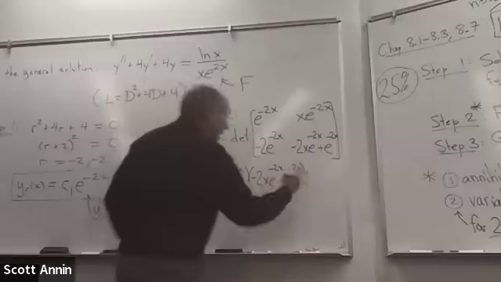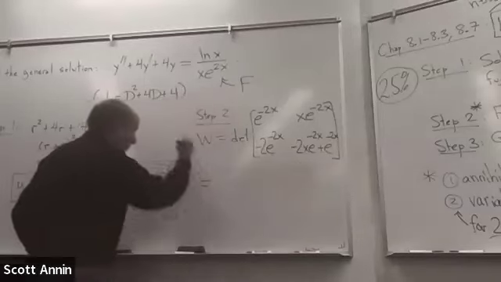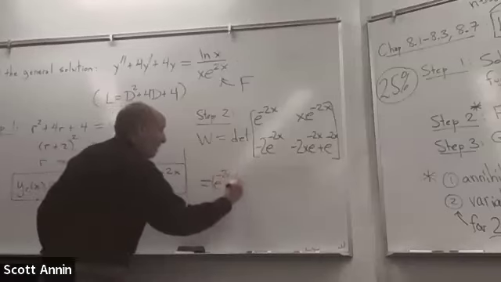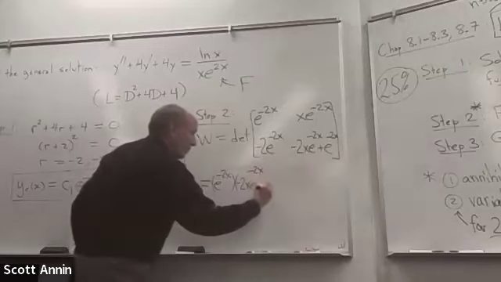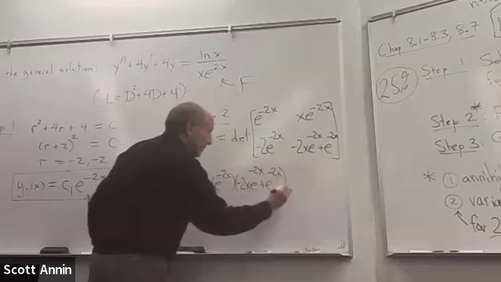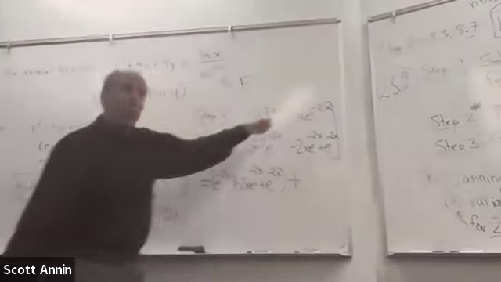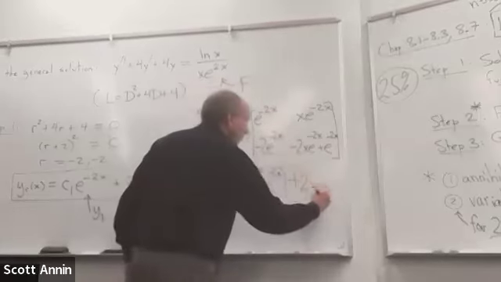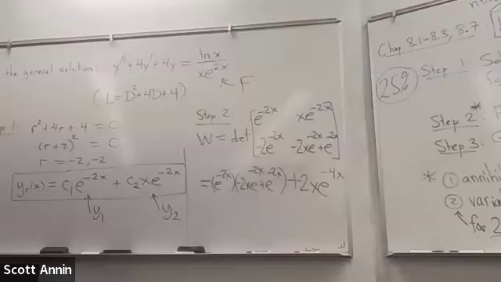And then we have to subtract, I don't have enough room here. Let me write this out a little bit better. So I have e to the -2x, and then I have -2x e to the -2x plus e to the -2x, and now plus upper right times lower left. Here I have a factor of 2x, and I have two factors of e to the -2x, which actually gives me e to the -4x.